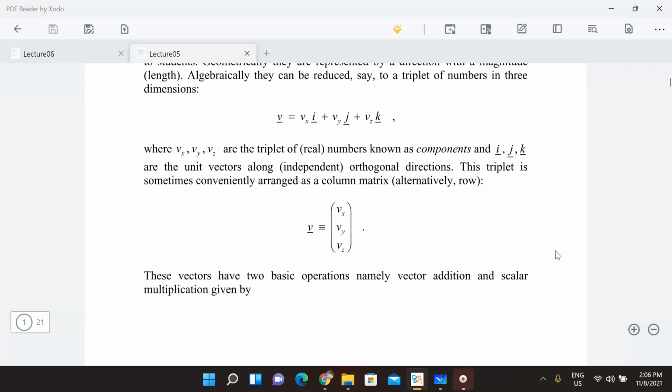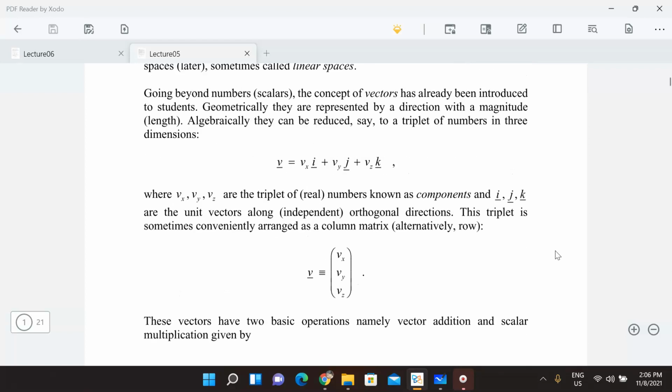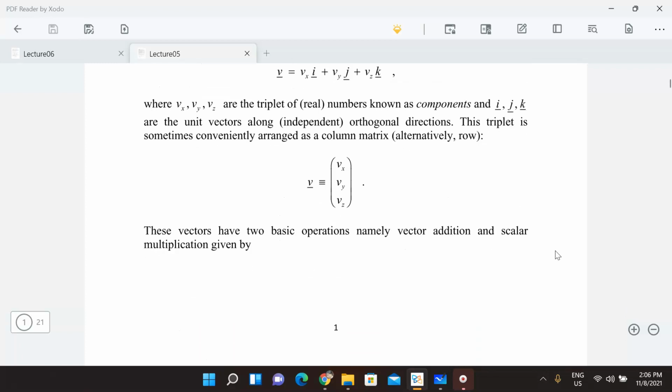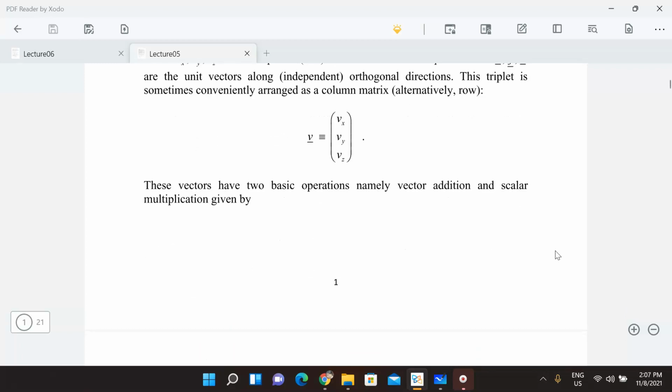Matrices are also part of linear algebra simply because of two basic operations that we have mentioned before: vector addition and scalar multiplication, which you recognize are operations on what we call spaces.